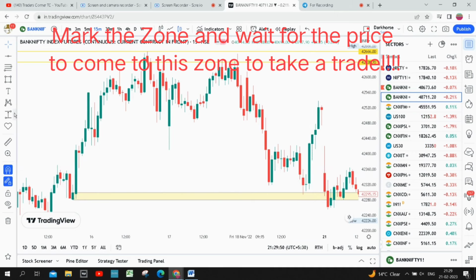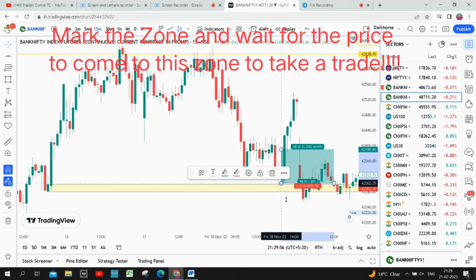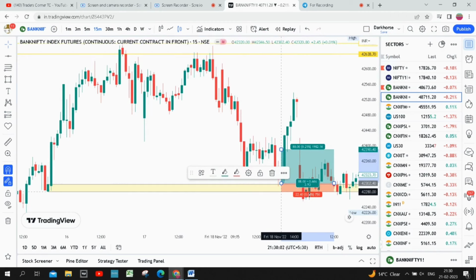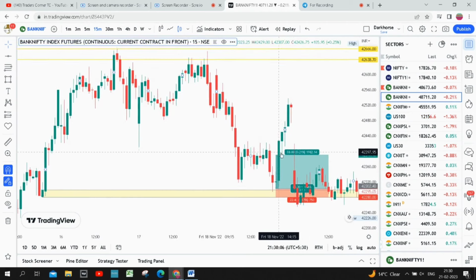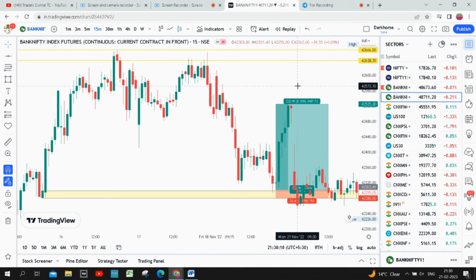So what is the reward? For a stop loss of 24 points, the reward achieved is 222 points.